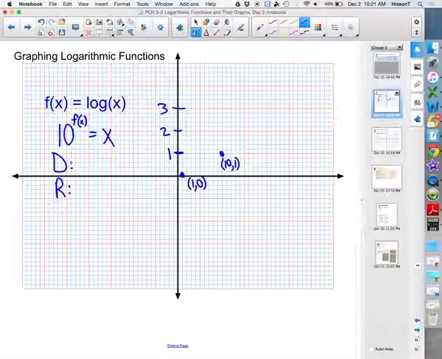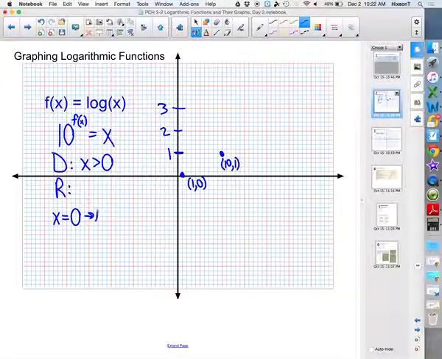just greater than 0. Okay, Santiago was the closest. We didn't want it equal to 0. It can't be equal to 0. But you're right, it would be x is greater than 0. And in this case, x equals 0 would be a vertical asymptote.